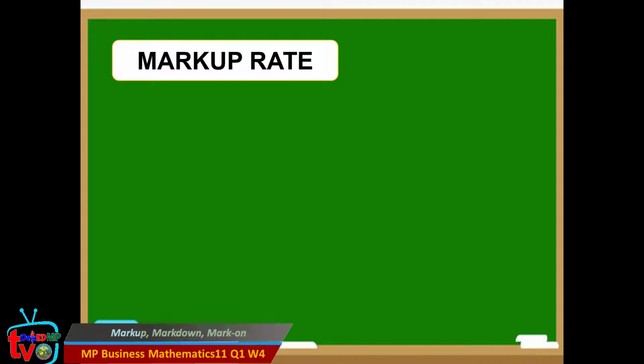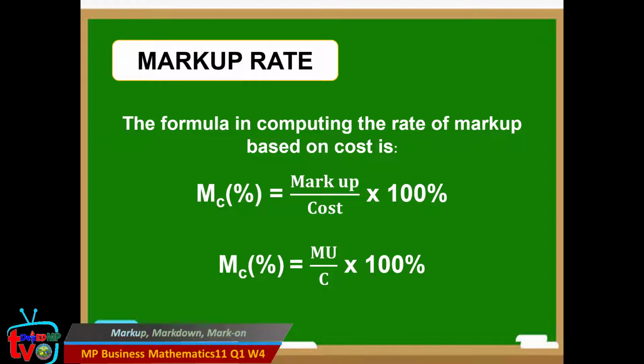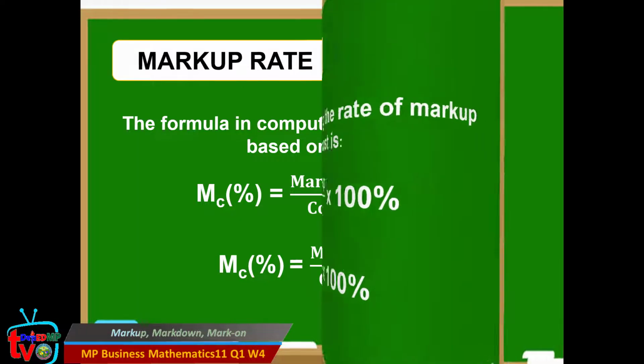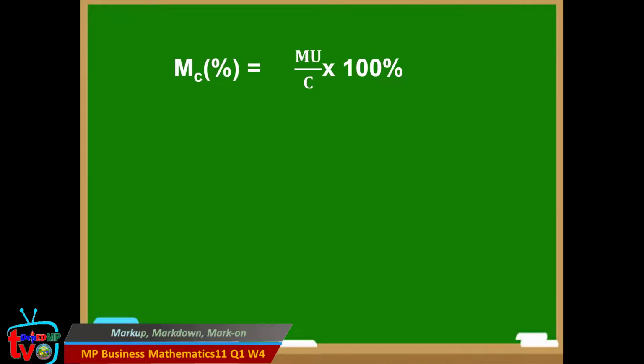To determine the markup rate, we have the formula based on cost: markup over cost times 100%. Or it could also be based on the selling price, which is markup over selling price times 100%. So we already know the markup since we computed for it, and we know the cost from the problem.